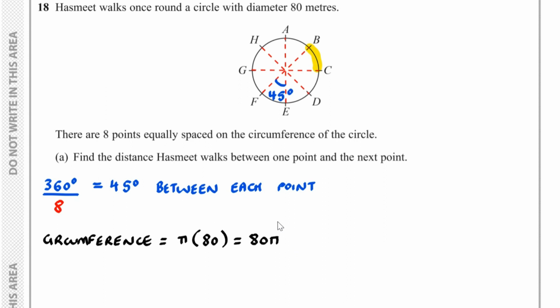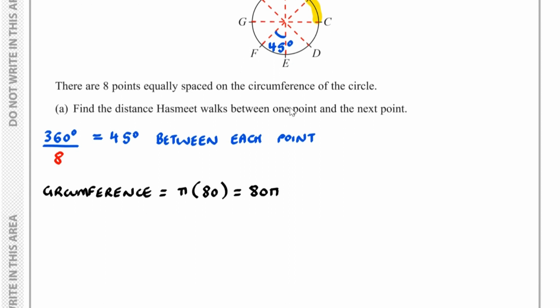So that's what the circumference is, and we've got a fraction of that, and the fraction will be 45 out of 360. This is the fraction between each point, and then we times this by 80 pi, and that is the distance between each point.